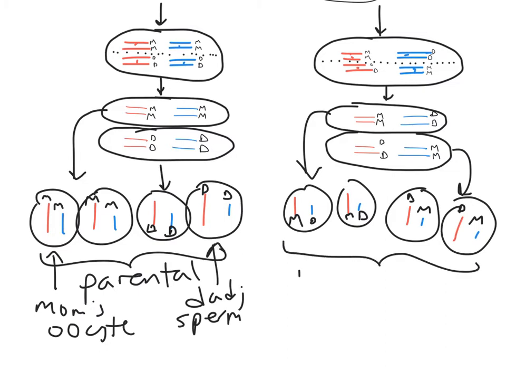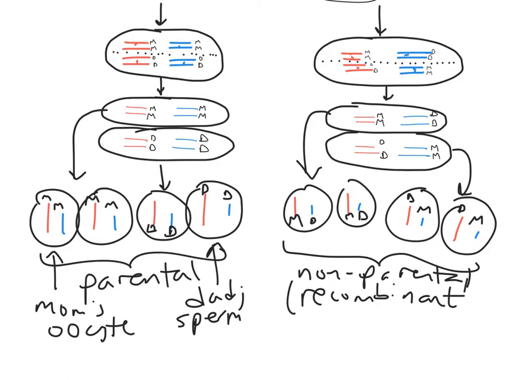And those, again, for future reference, are not surprisingly called non-parental types, which is also a term related to one we use more frequently, recombinant types. These gametes have new combinations of chromosomes.